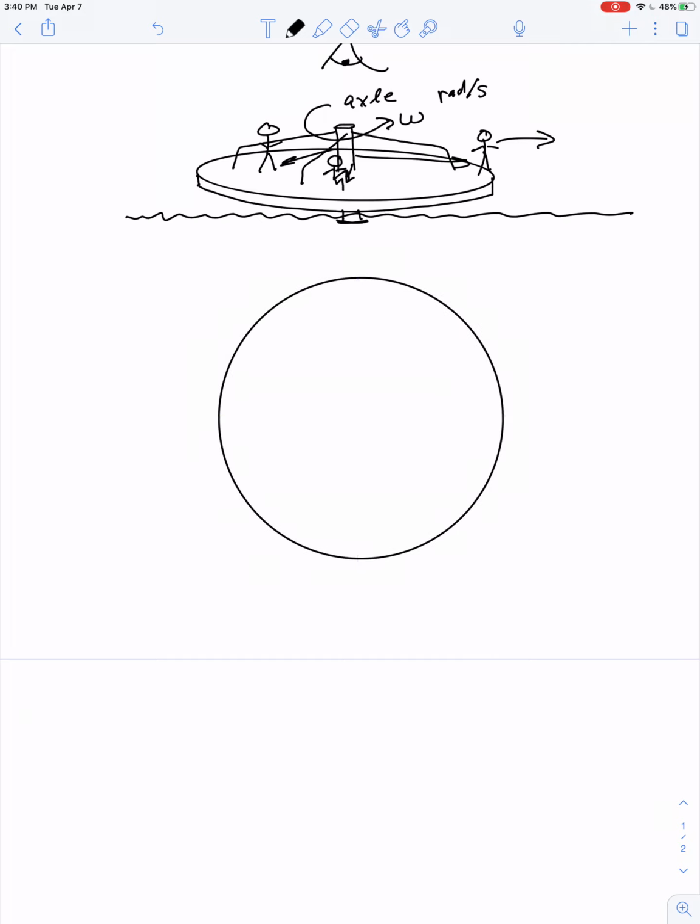Okay, so right there at the center is our axis of rotation. And we could break this thing up into a bunch of little tiny point masses. So if the whole rotating disk has a mass capital M, there's a little bit of the overall mass dm.